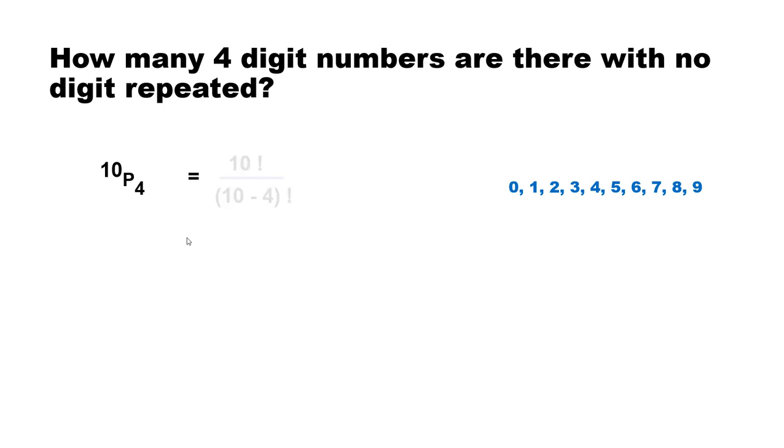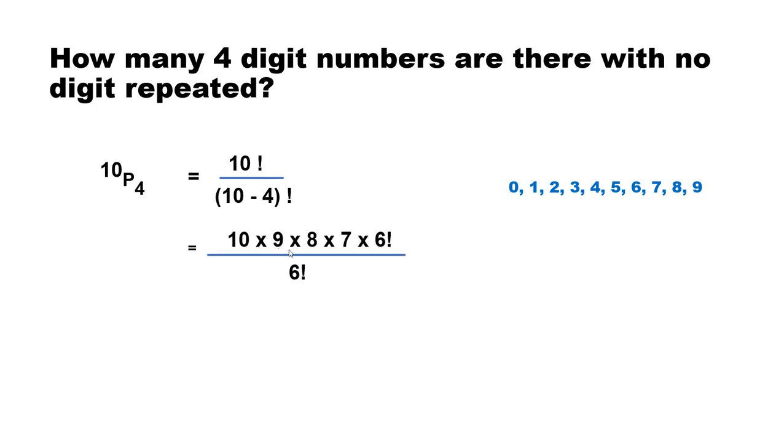So this is exactly equal to 10 factorial divided by (10 minus 4) factorial, which is of the form n factorial divided by (n minus r) factorial. So in this case it is 10 times 9 times 8 times 7 times 6 factorial divided by 6 factorial. We cancel off the 6 factorials from the numerator and the denominator and multiply the remaining to get 5040.